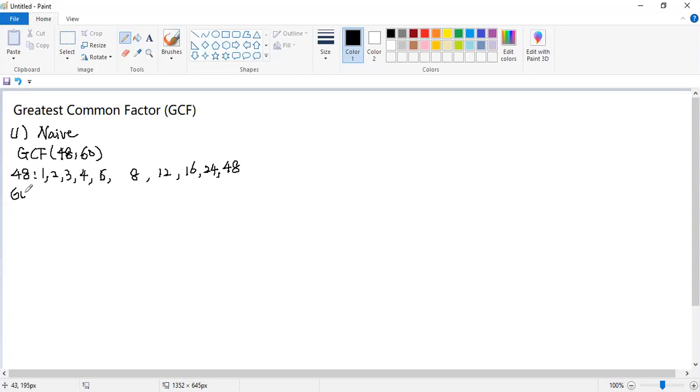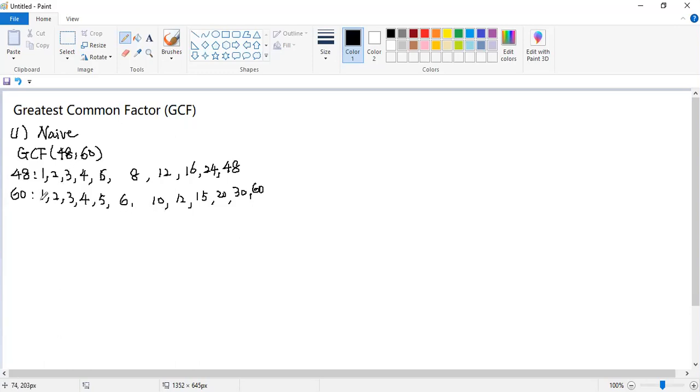For 60, we can express it as 1 times 60, 2 times 30, 3 times 20, 4 times 15, 5 times 12, and 6 times 10.